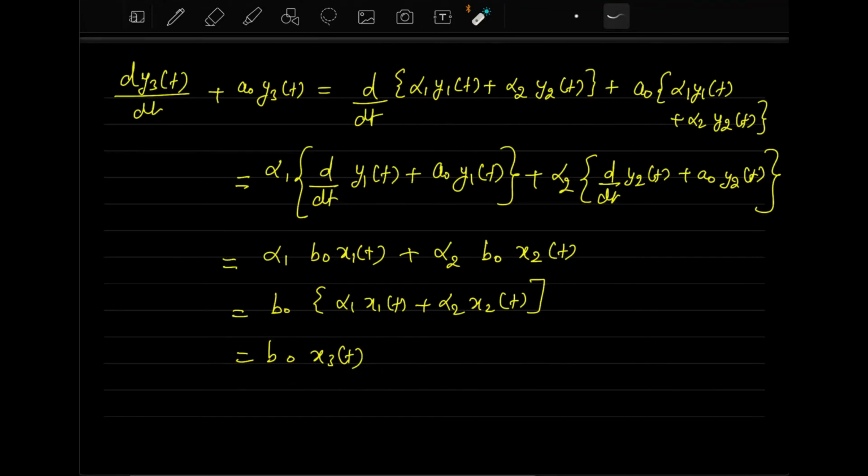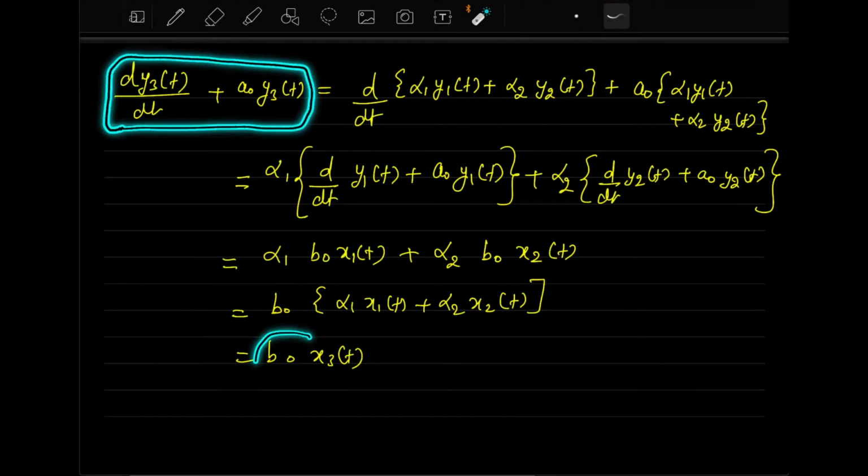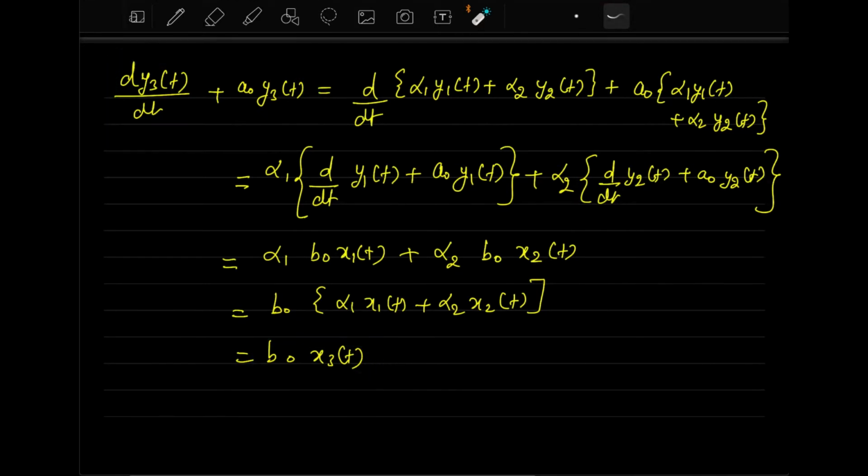Because the left hand side of the differential equation is equal to the right hand side, and we are easily concluding that it is linear, but is it really true that it will be linear? So can anybody comment on this? Though we are seeing it's linear, whether it's really true or not, are we missing something here? Can anybody comment on this?